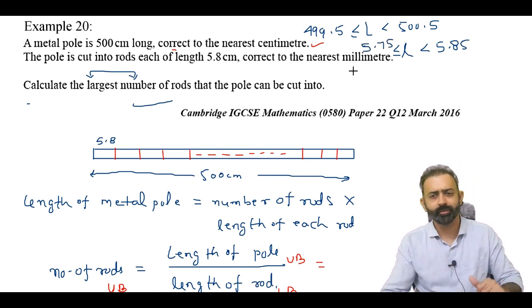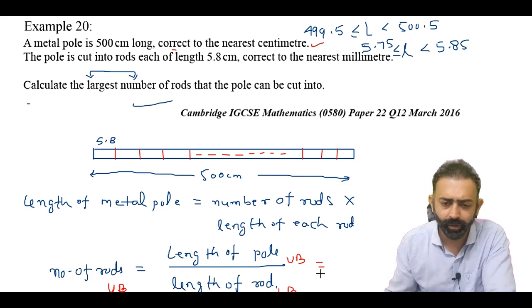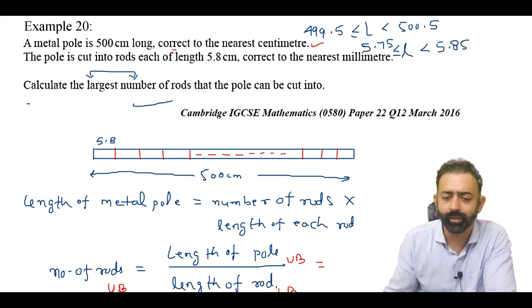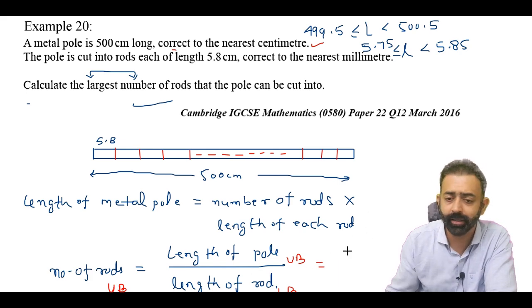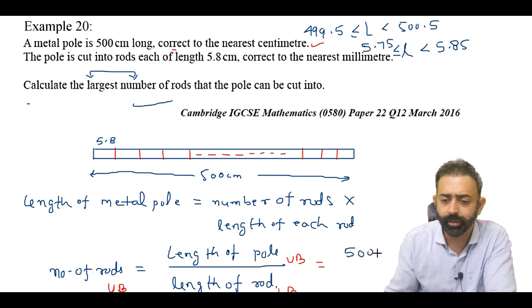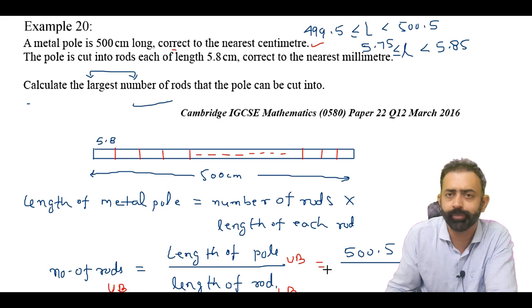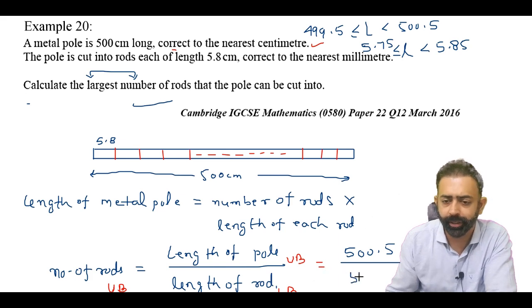I'm sorry for the space, but just look at the values. So I'm using those values here. The upper bound of the length of the pole will be 500.5, and the lower bound for 5.8 will be 5.75.